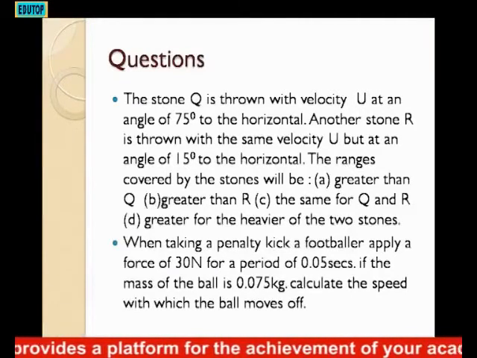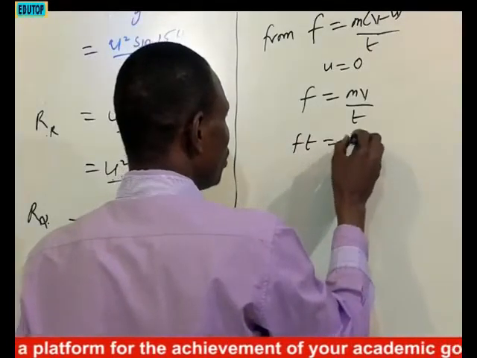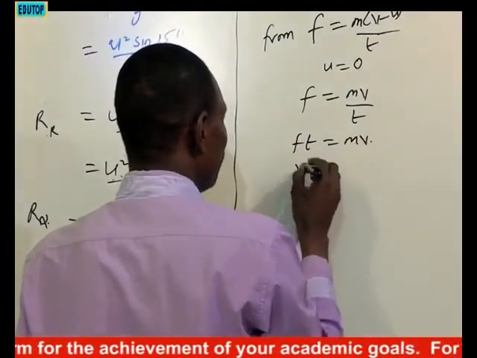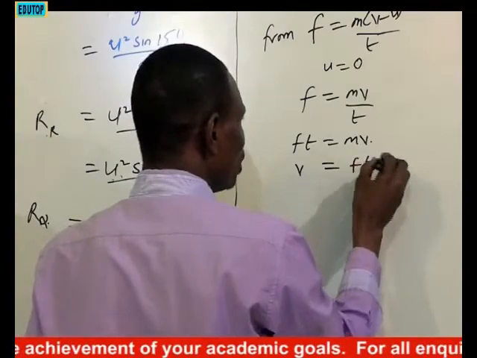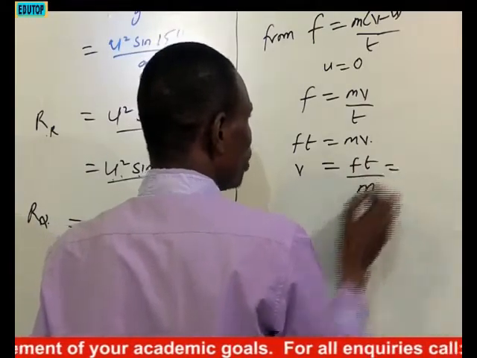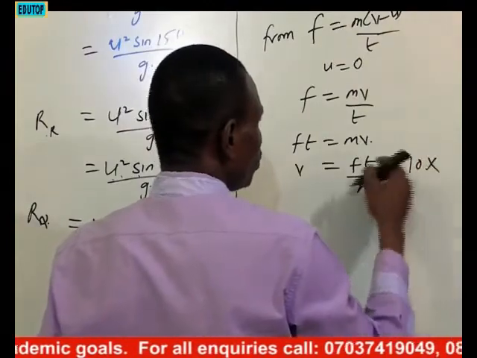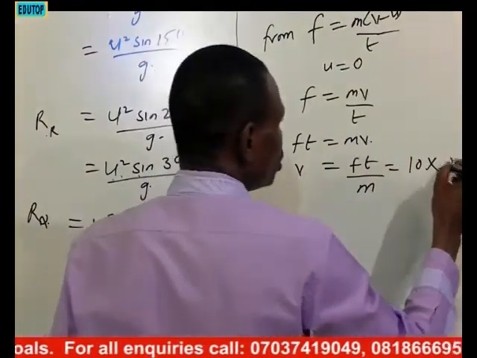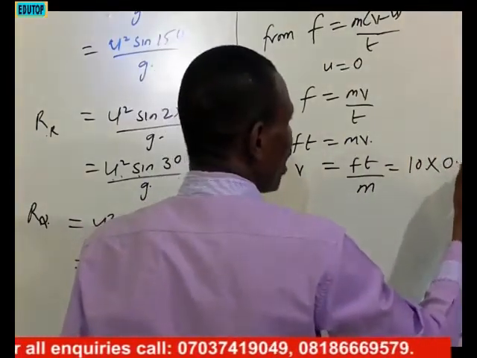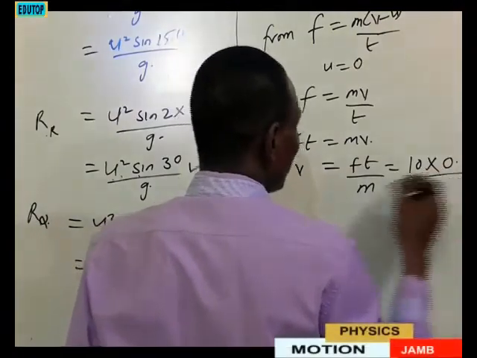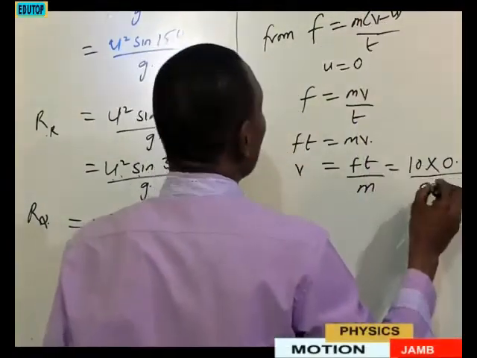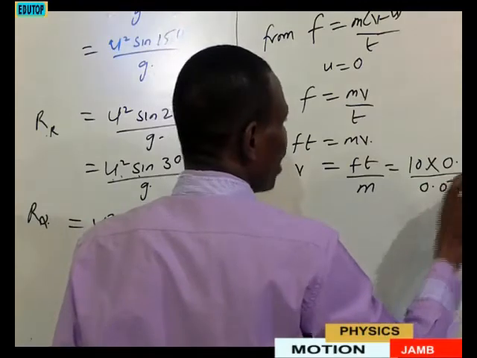To calculate the speed, Ft, so that V will be equal to Ft over m. In this case, we are given the force, which is 10, the time, which is 0.05, then divided by the mass, 0.005.